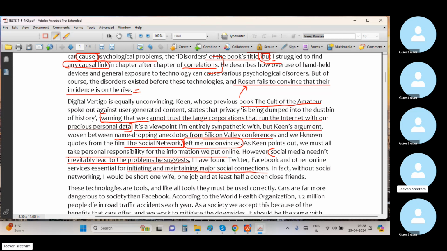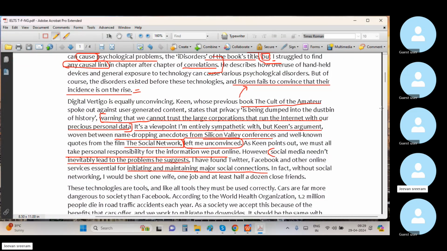He would have been confined to his own world. Due to Twitter and Facebook, he was able to initiate and maintain major social connections. So obviously, the author felt unconvinced with Keen's point about major threat to privacy. The author has come up with advantages. It's not always a major threat to your privacy or always problematic to your life.